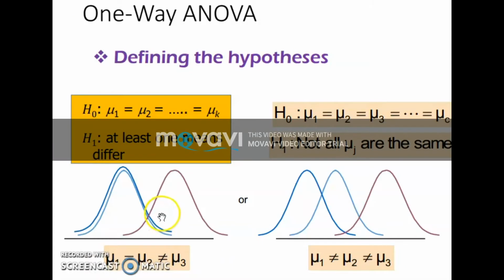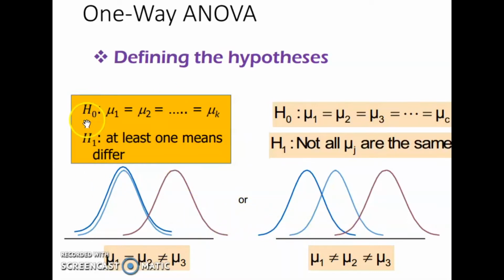There are two ways of writing the null and alternative hypotheses for one-way ANOVA. The first way is by writing H null: mu1 equals mu2 until mu k.